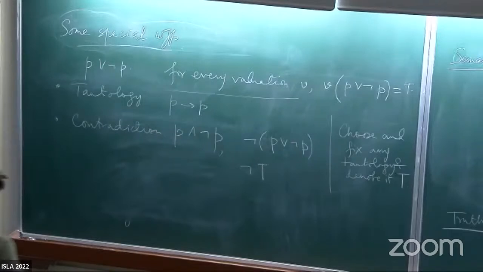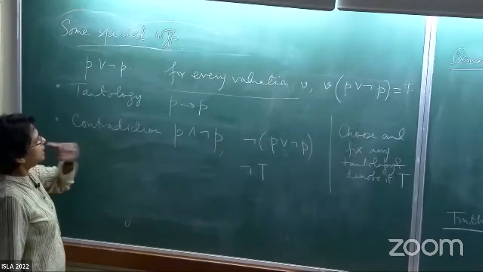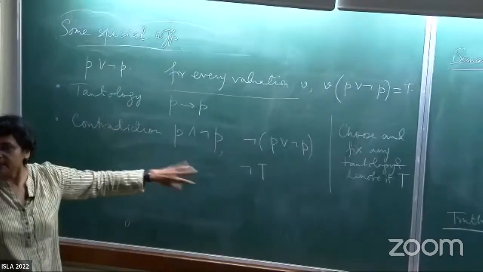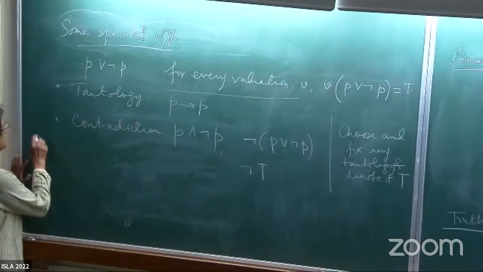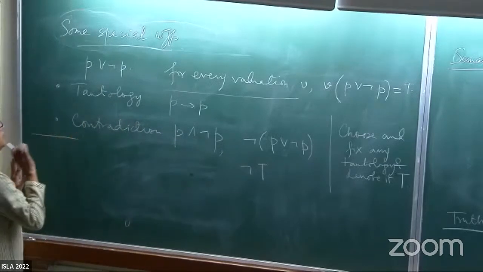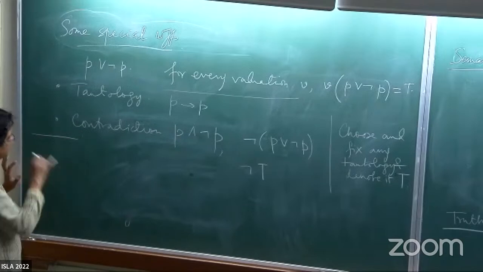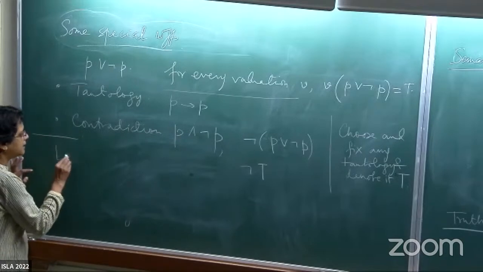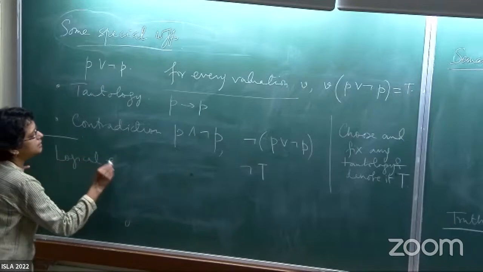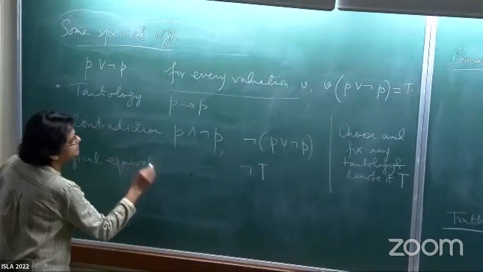Right. Okay. So negation of any tautology is a contradiction, and similarly negation of a contradiction would be a tautology, and so on. The next kind, and that brings us to this fundamental notion of today's class, which is the notion of logical equivalence.